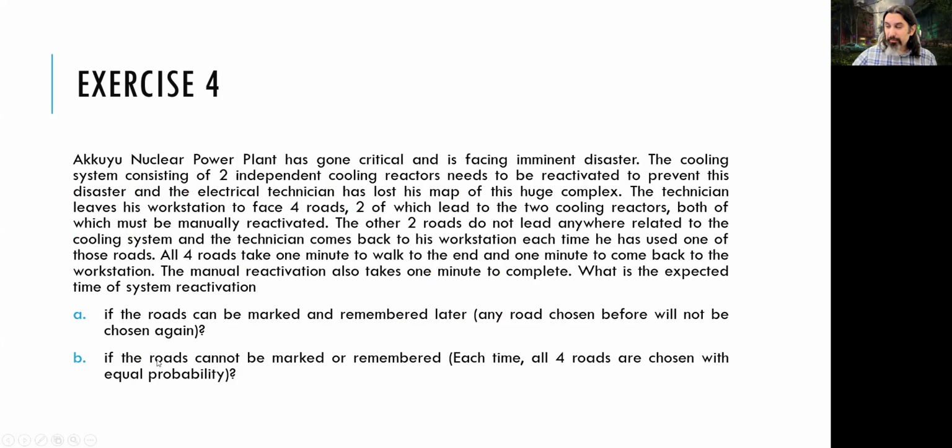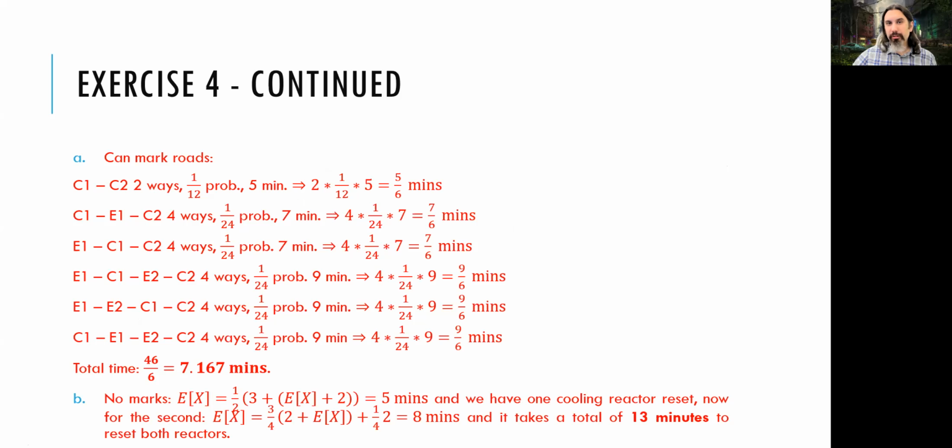Now, if the roads cannot be marked or remembered, so I'm choosing them randomly, at the start we have to find how many times we spend, okay? For example, at the start of the question, we have 2 correct paths and 2 wrong paths, which means that our chance of picking a correct path is 1 over 2.